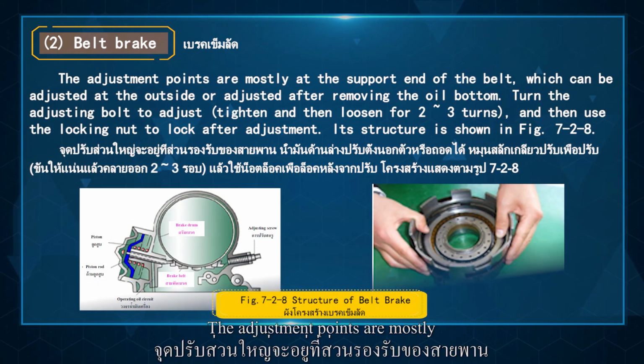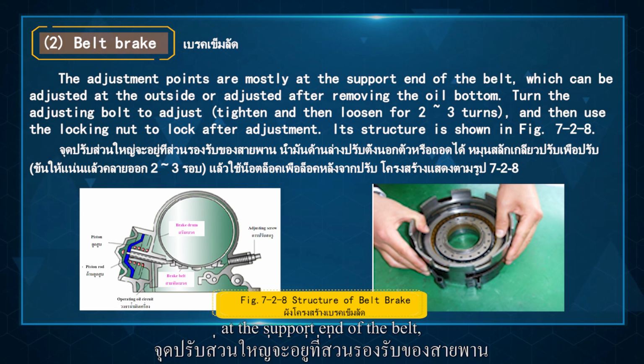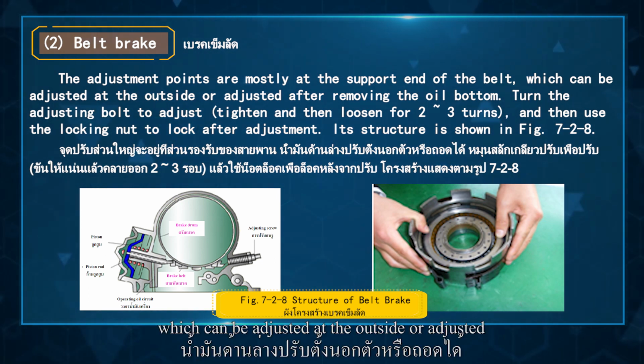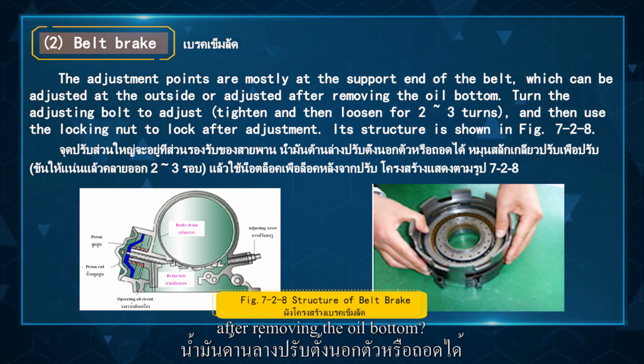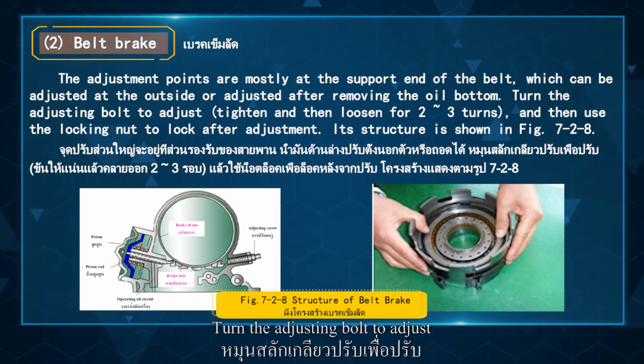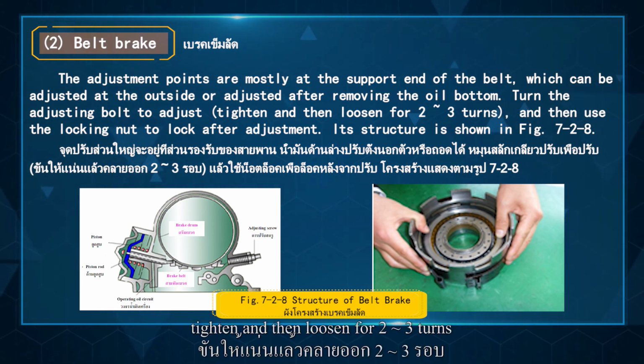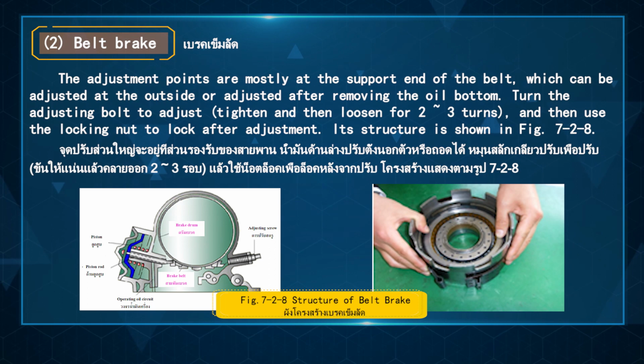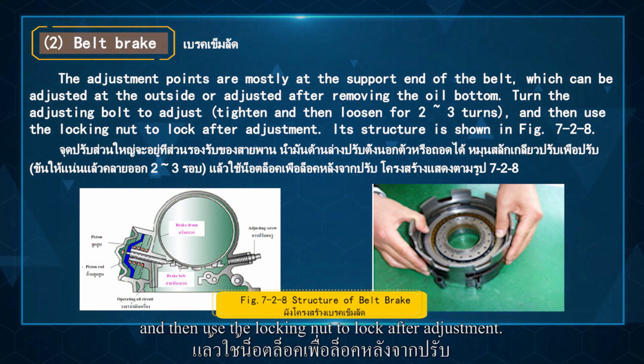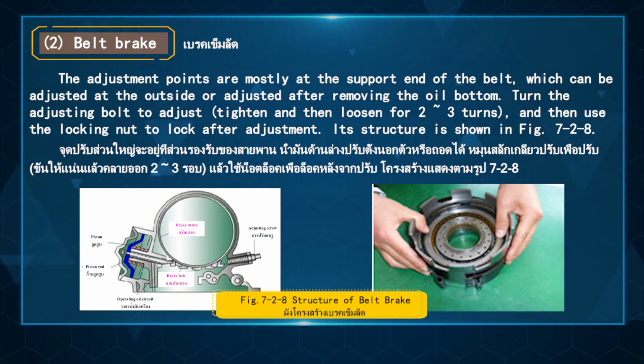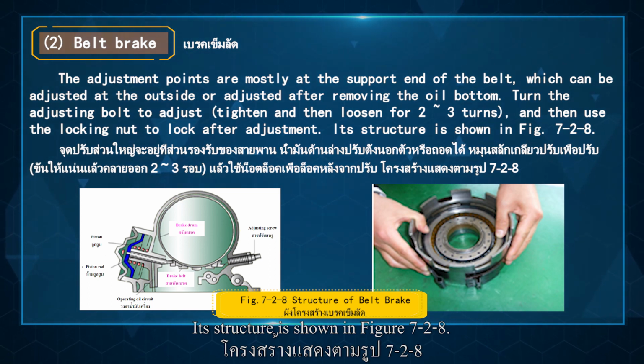The adjustment points are mostly at the support end of the belt, which can be adjusted at the outside or adjusted after removing the oil pan. Turn the adjusting bolt to adjust, tighten and then loosen for 2 to 3 turns, and then use the locking nut to lock after adjustment. Its structure is shown in figure 7-28.